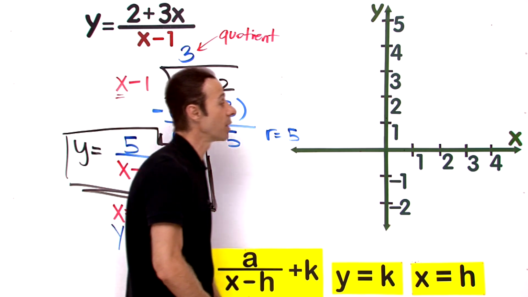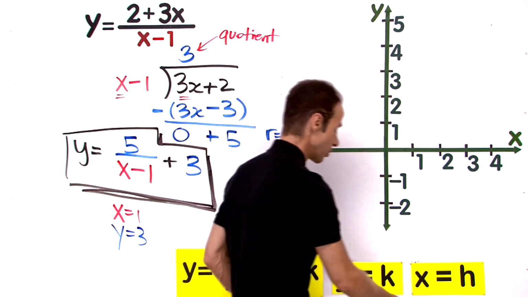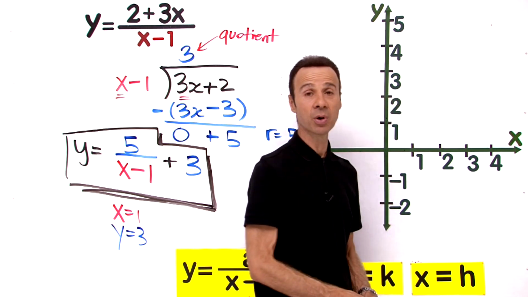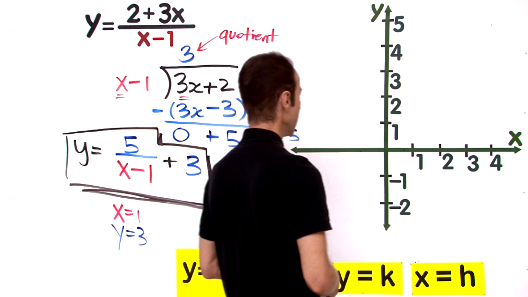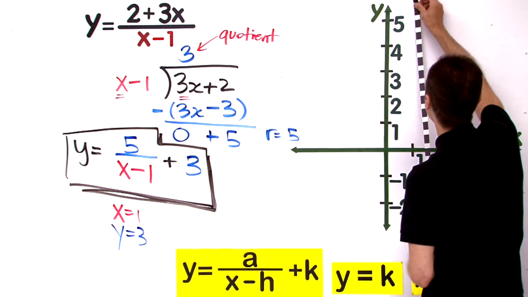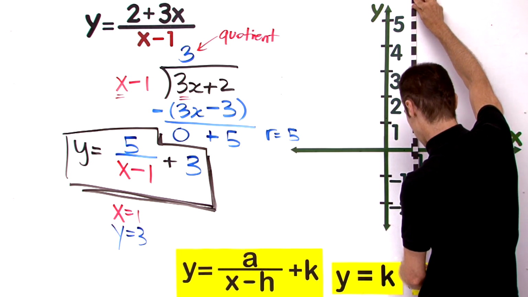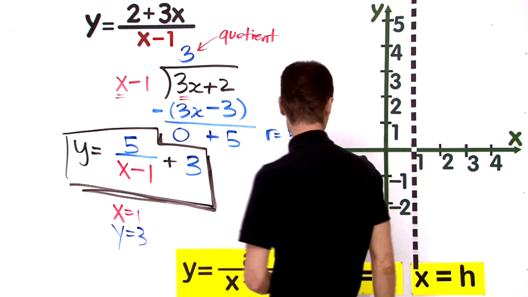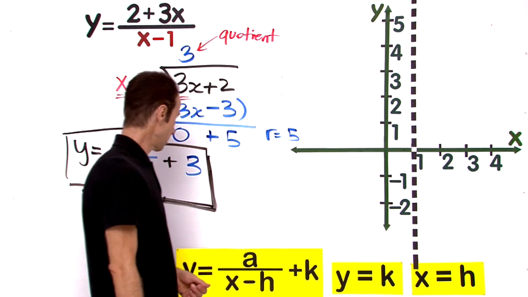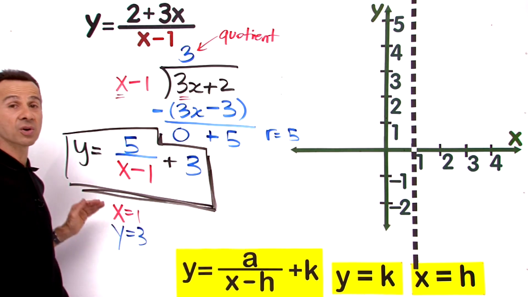All right, let's put the first one. We usually have a dashed broken line for that. So we have x equals 1. X equals 1 will be a vertical line, and it will look something like that. There's x equals 1, our first asymptote. Now let's put the next one. It's going to be at y equals 3. That'll be horizontal.